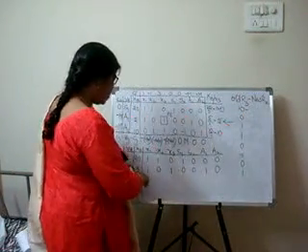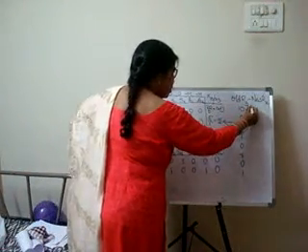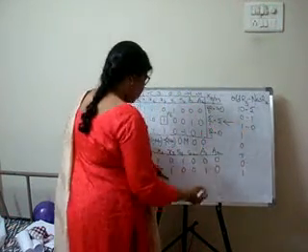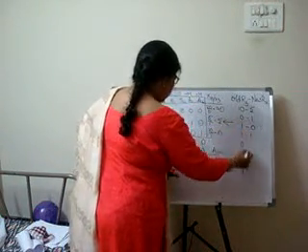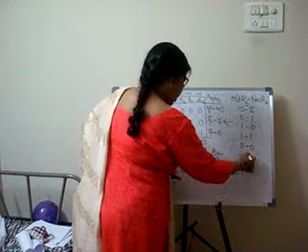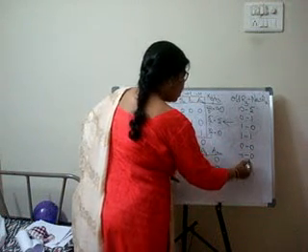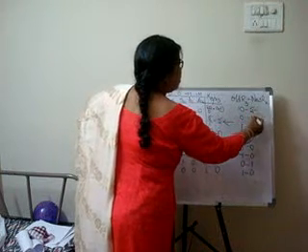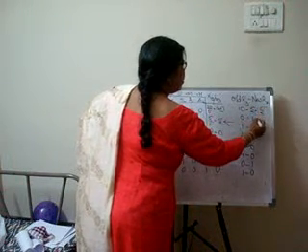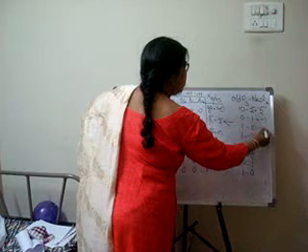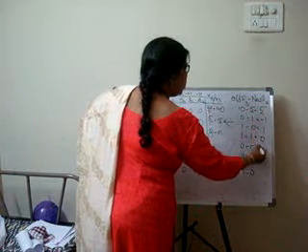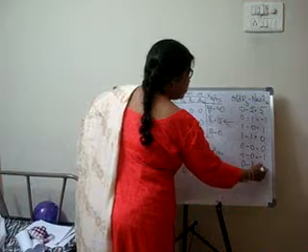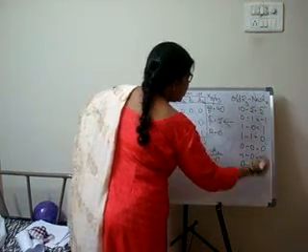And new R2 is 5, 1, 0, 1, 0, 0, 1, 0. So 10 minus 5 is 5, 0 minus 1 is minus 1, 1 minus 0 is 1, 1 minus 1 is 0, 0 minus 0 is 0, minus 1 minus 0 is minus 1, 0 minus 1 is minus 1, and 1 minus 0 is 1.